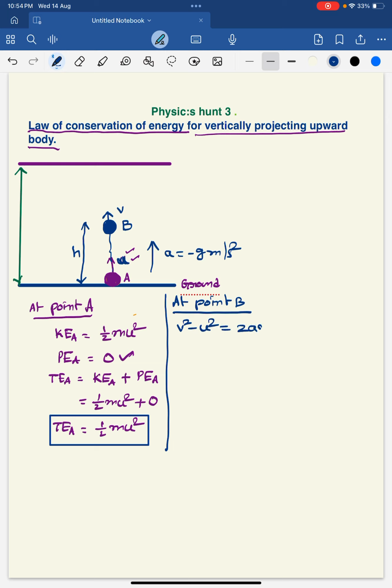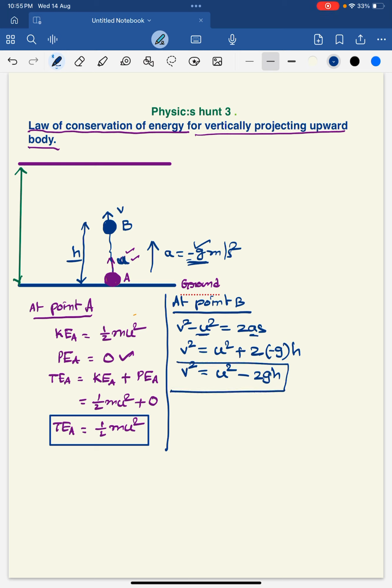For that, I'm using the third equation of motion, v square minus u square is equal to 2as. Taking minus u square to the right side, v square is equal to u square plus 2 into acceleration, which is the acceleration due to gravity, that is negative, so minus g, into small h, because the height covered by the object is small h. Therefore v square is equal to u square minus 2gh.